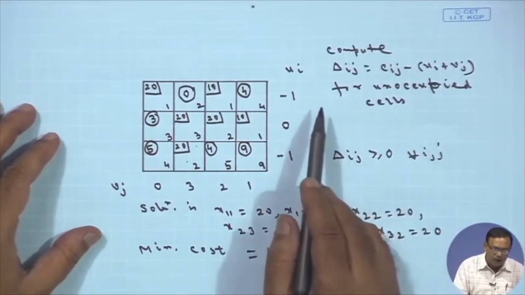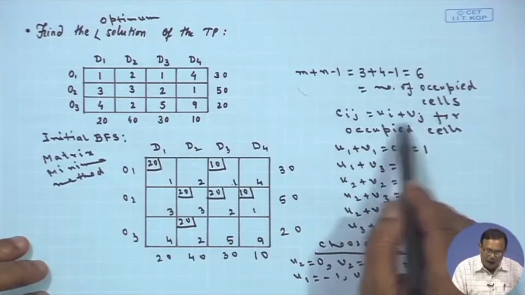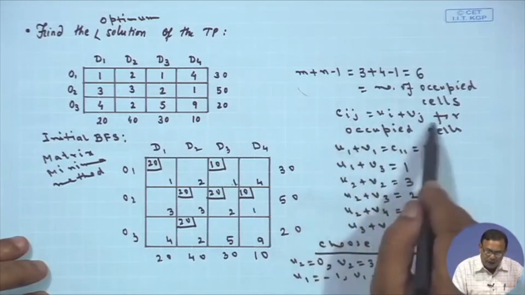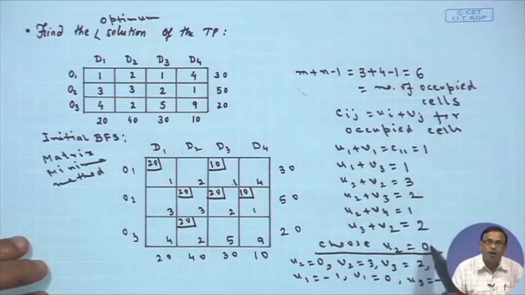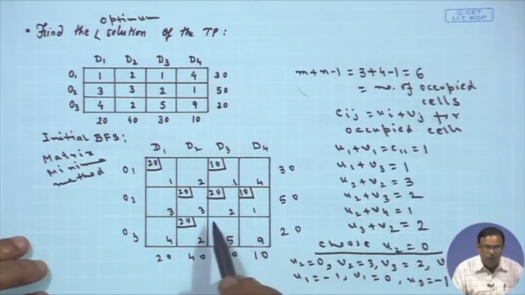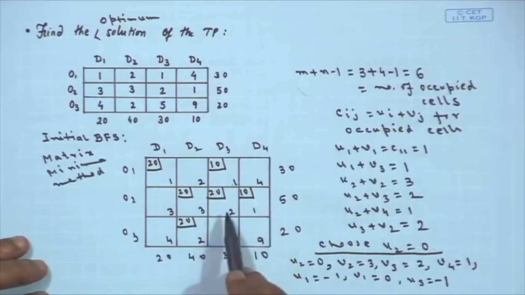For optimality, basically you are calculating Ui and Vj using Cij equals Ui plus Vj for occupied cells. You are forming the equations, choosing one variable as 0, corresponding to the row which has the maximum number of occupied cells.